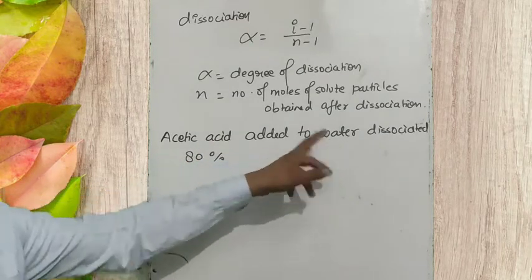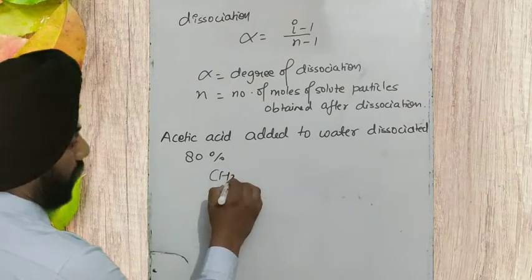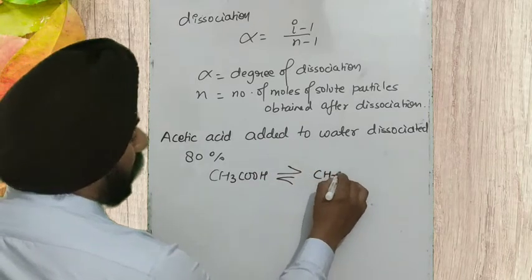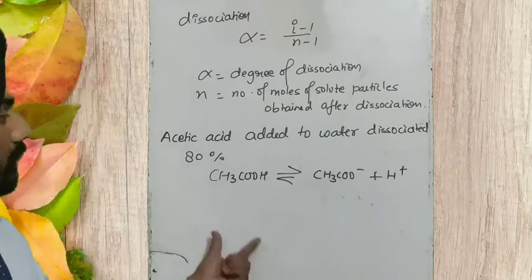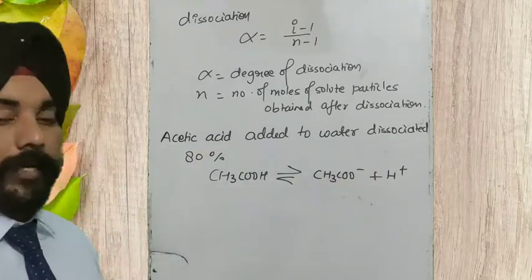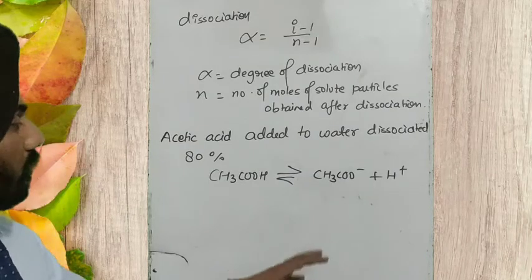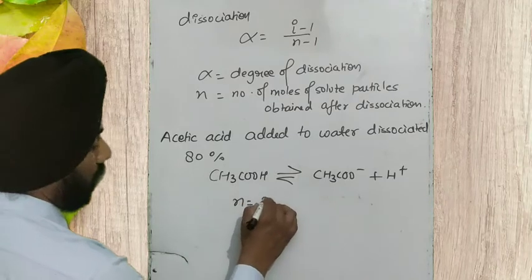Acetic acid in water is going to dissociate, and how much is it going to dissociate? 80%. So what will be the value of van't Hoff factor in that case? So this is acetic acid, CH3COOH, giving CH3COO minus and H plus. So after dissociation, how many moles of solute particles are we obtaining? That is 2. So the value of n is equal to 2.